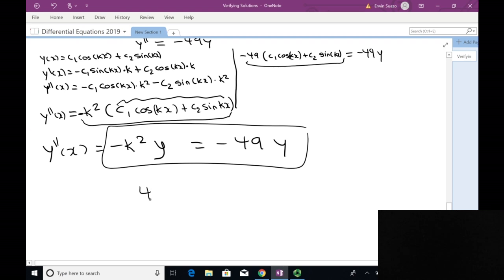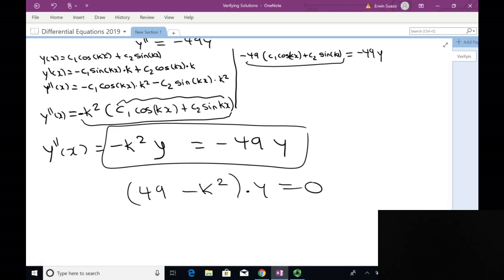So I got 49 minus k squared, and then factor y, right, equals 0. Okay, so what is the solution of this? 49 minus k squared times y equals 0. What are the solutions for that? I have two possibilities.